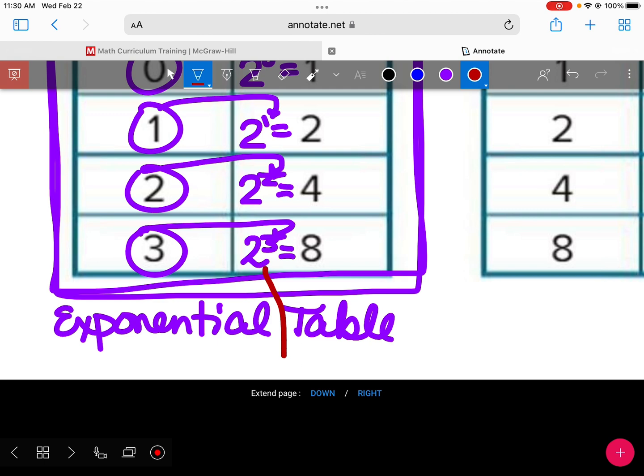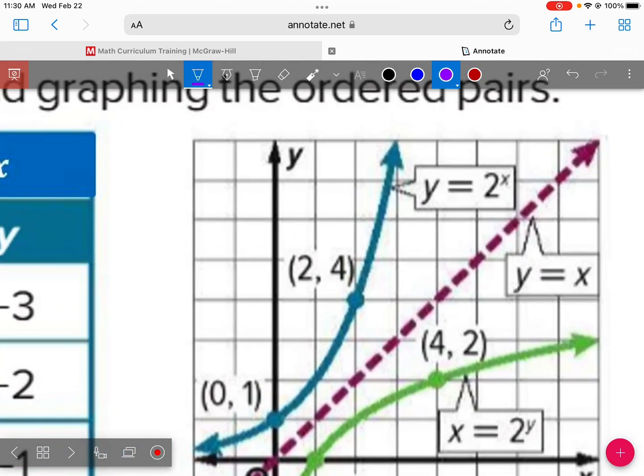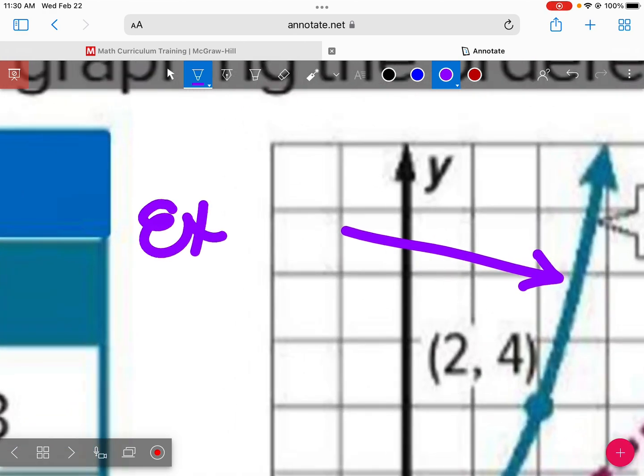And again, this is the base. So that's why it's a 2 all the way down, because we had a base of 2 right here. And we graphed these in Module 7. This is an exponential graph.